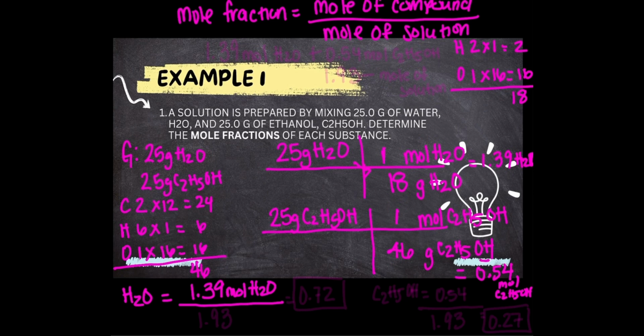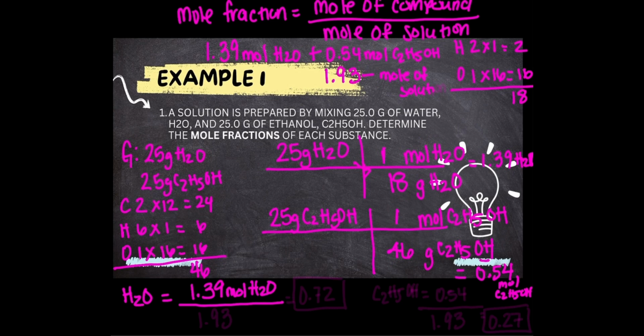So I'm going to add the 1.39 mole of H2O to the 0.54 mole of C2H5OH. When I add that together, 1.39 plus 0.54, I get 1.93. Okay, this is your mole of solution.